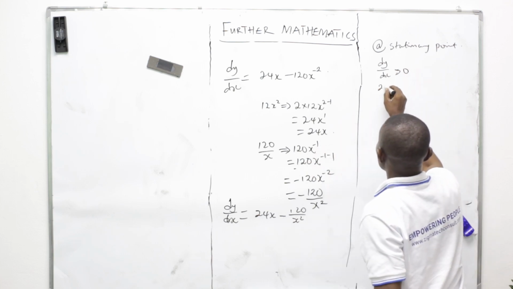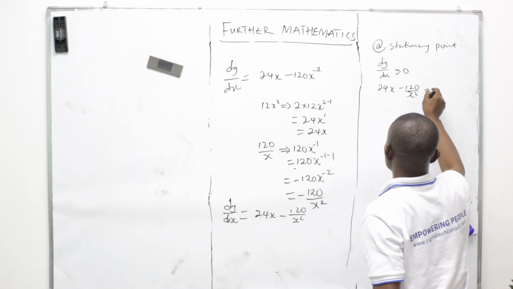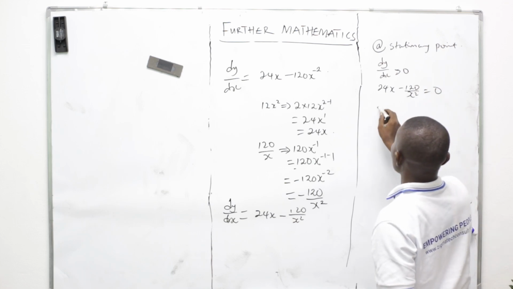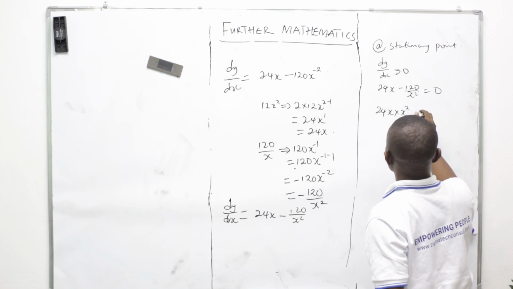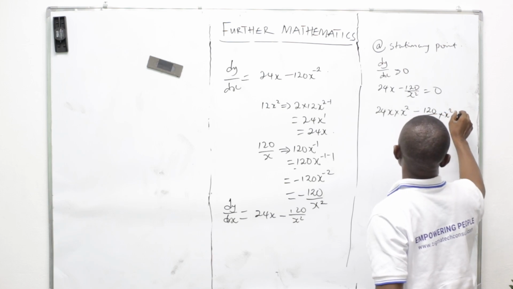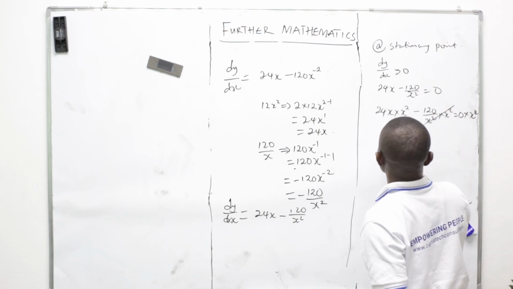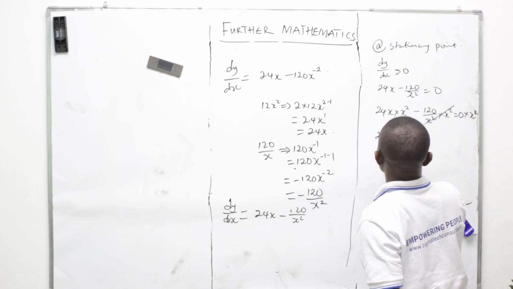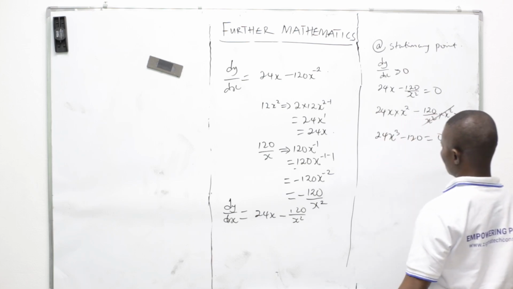We'll now have that 24x minus 120 all over x squared equals 0. Multiply both sides by x squared to mean 24x cubed minus 120 equals 0.